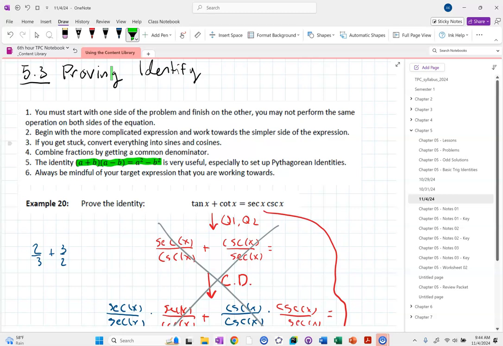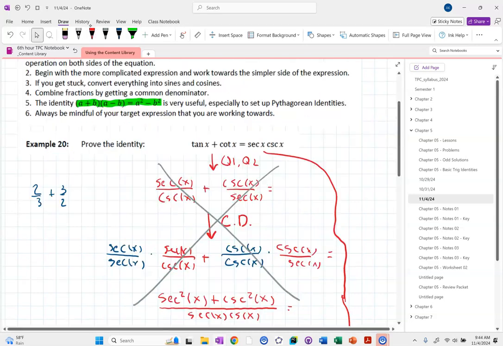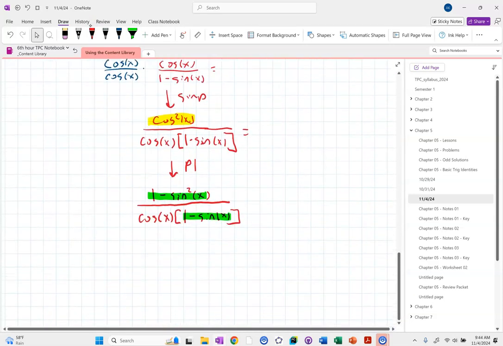Guess what I'm going to do with that 1 minus sine squared? I'm going to factor it. So 1 minus sine squared is a difference of two squares, so it'll just factor to 1 minus sine, and then 1 plus sine.